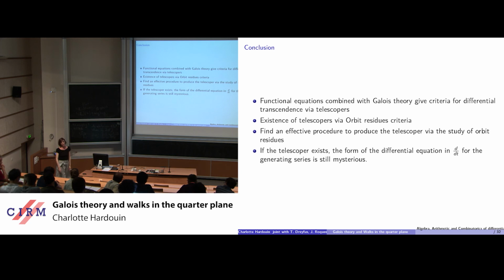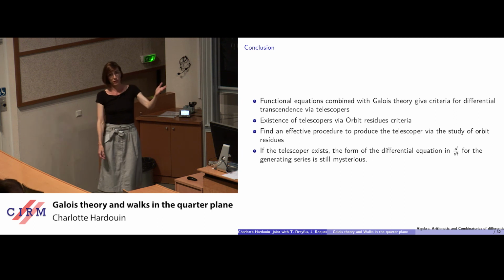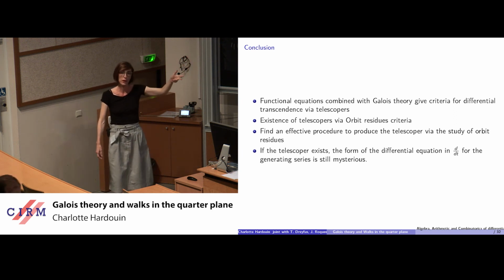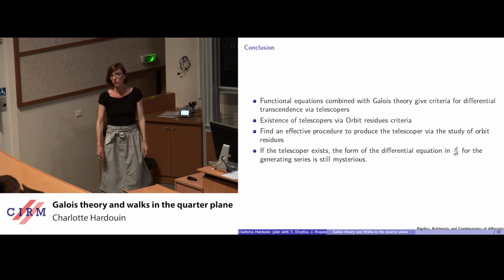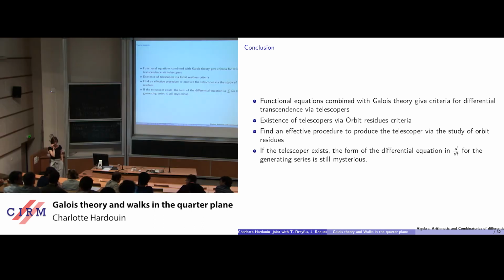So just using the computation, there are no more in the same orbit, and you cannot have a telescoper, so it becomes differentially transcendental. You can imagine that the same thing happens for differentially transcendental cases, where you put weights, and then it has a telescoper, they go in the same orbit, or something like this. Further questions?